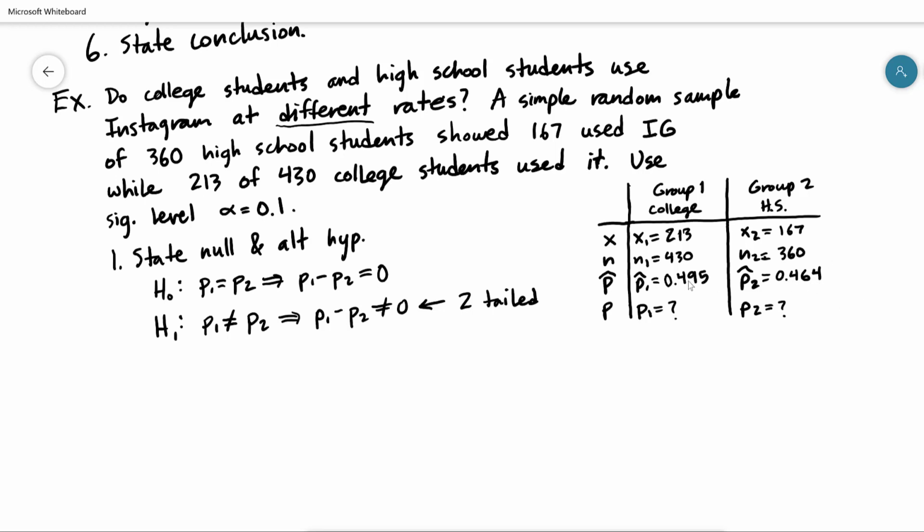So this number again came from those two numbers. I just take the ratio. 167 over 360 gave me this decimal. 213 over 430 gave me this decimal. That's based on our definition. So I've got my little table filled out. That'll help going forward.